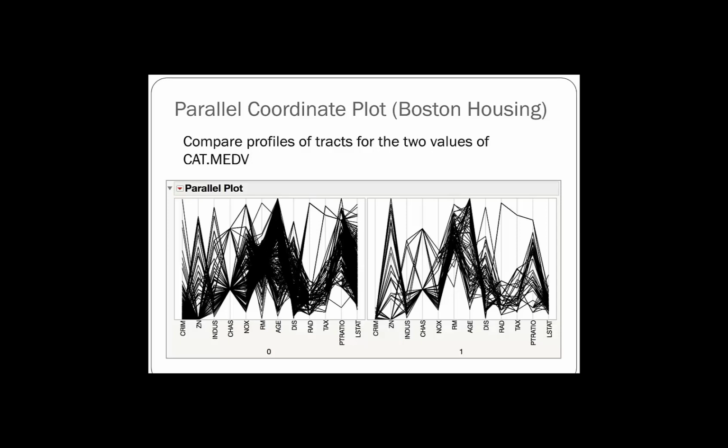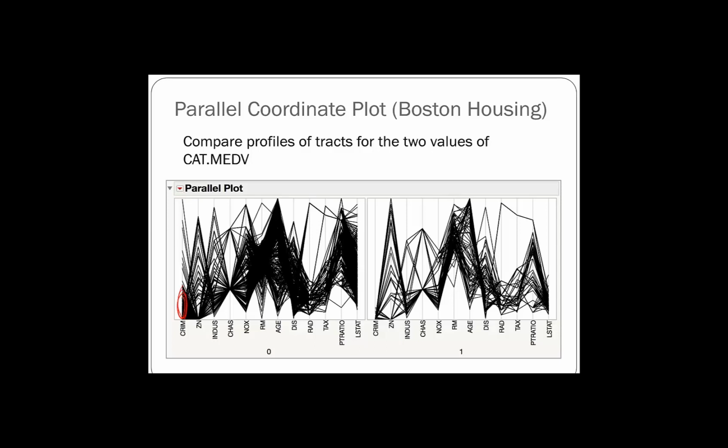But basically, when we have a 0 or a 1 for categorical median value, we have these two separate data sets, and if we plot the crime rate, for example, for all of the data, we see that a whole bunch of these neighborhoods have very low crime rates.